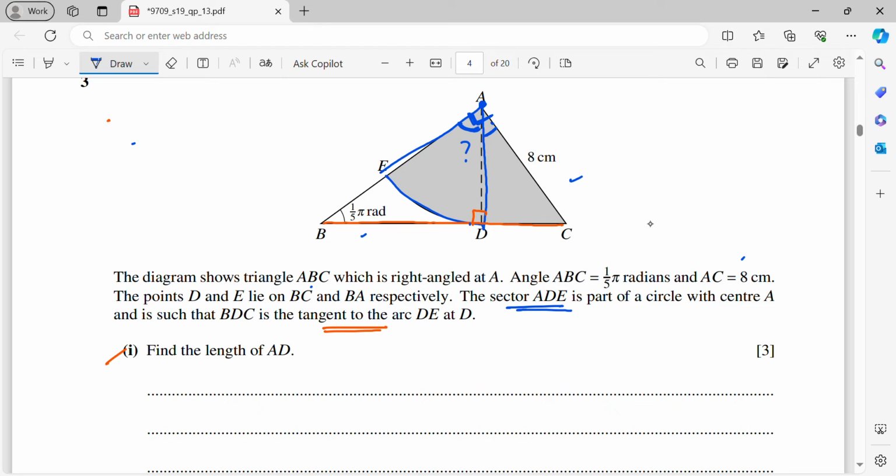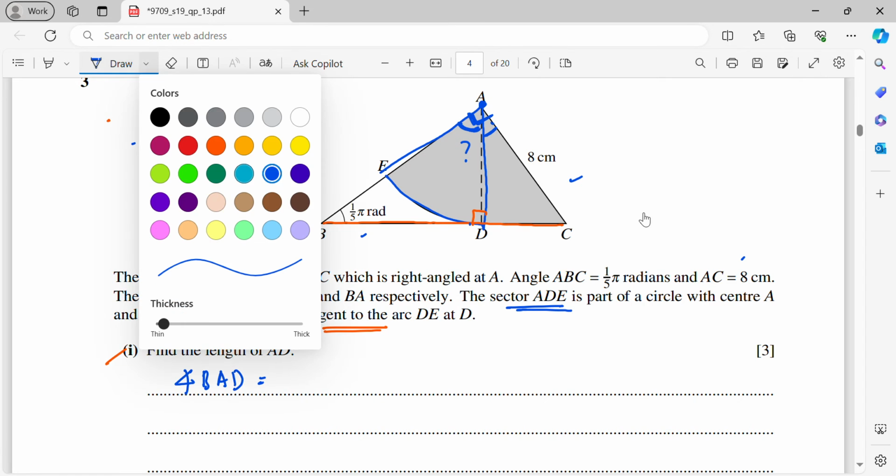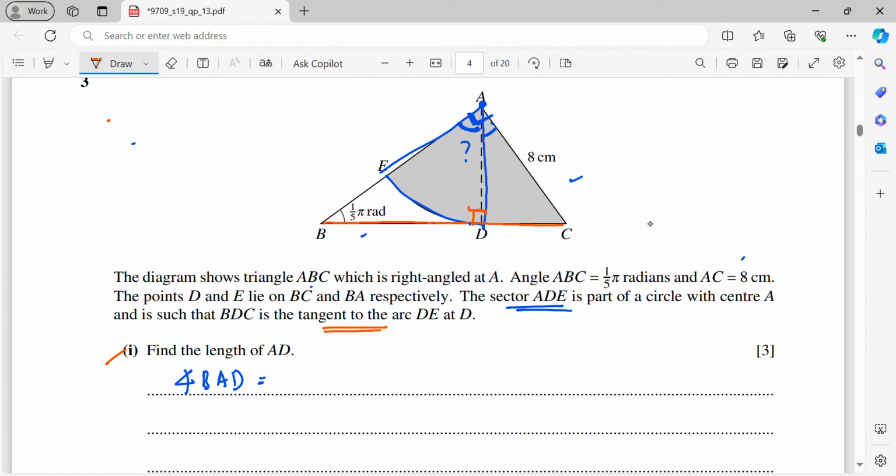So from here, angle BAD: since here is pi over 2, a right angle triangle, the total of these two angles will be another pi over 2. So it will be pi over 2 minus 1 over 5 pi, and this is 3 over 10 pi.